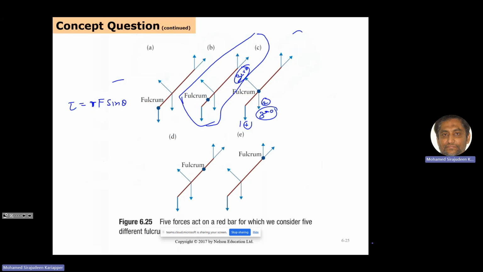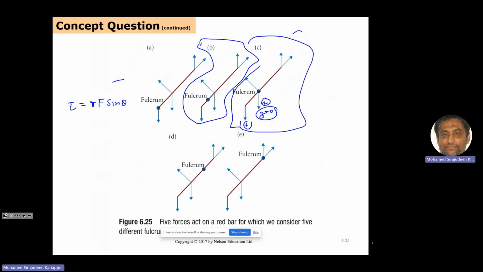Oh, that is not C, that is B, right? This is very confusing. Okay, this is B. And this is C. Okay, sorry about that, because this is all crowded in. So C cannot be brought to equilibrium.